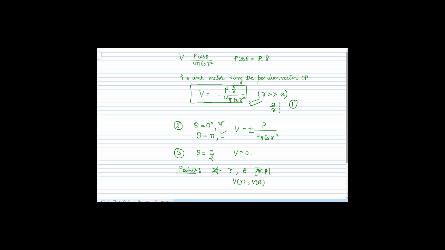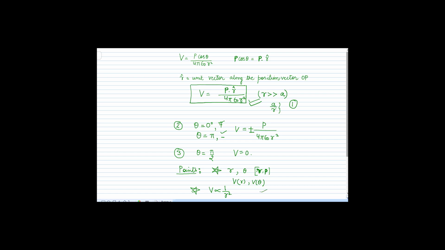Another point is that the electric dipole potential falls off, or decreases, at large distances because V is inversely proportional to the square of the distance. So we see that the electric dipole potential falls off at large distances as 1 upon r square.